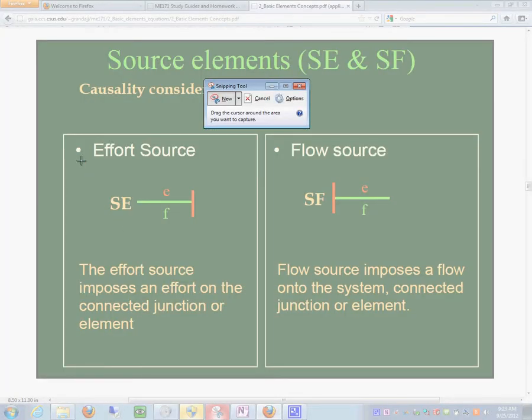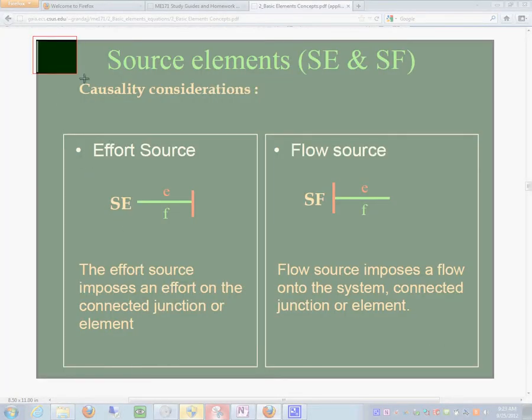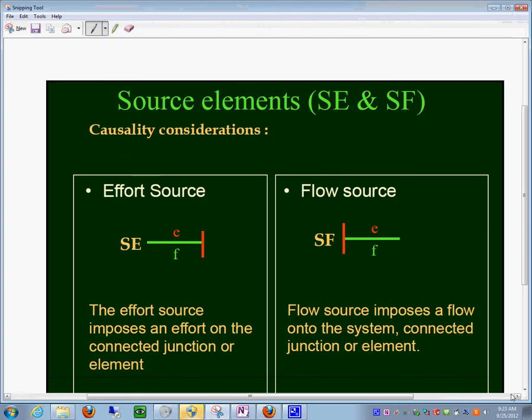So let's see if we can do just some annotations in here. In here, for example, this is the source.